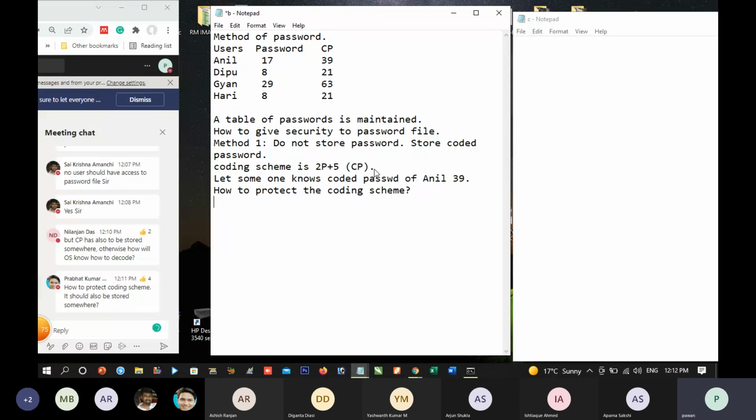How to protect the coding scheme? The coding scheme is also going to be stored somewhere. How to protect that coding scheme? If the coding scheme is known and the coded password is known, then the original password can be obtained.